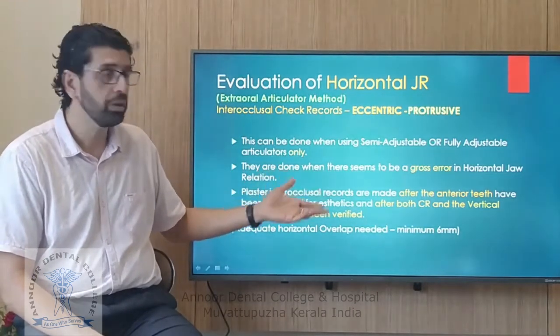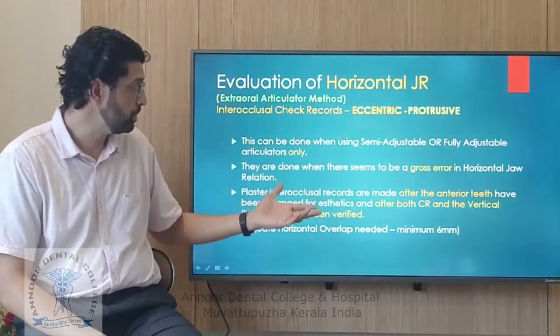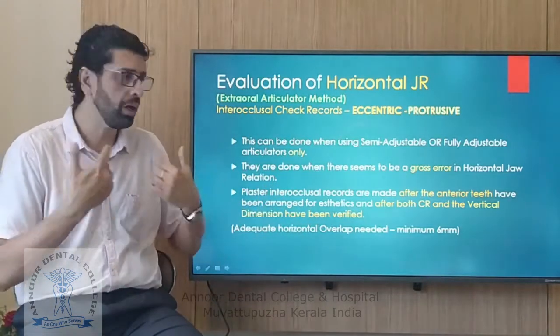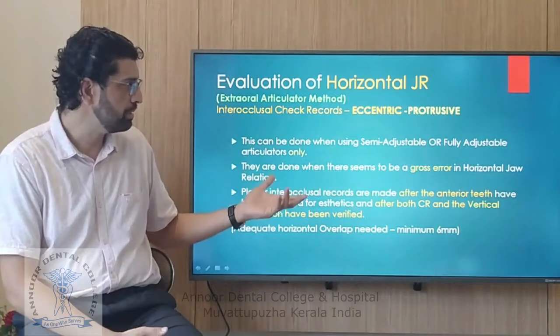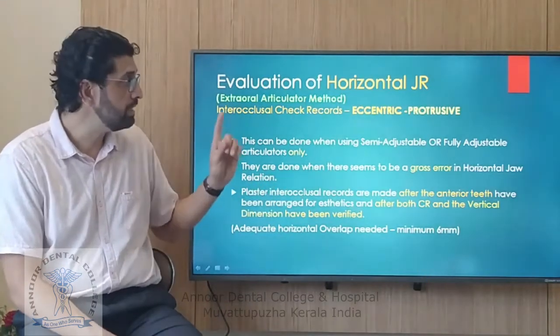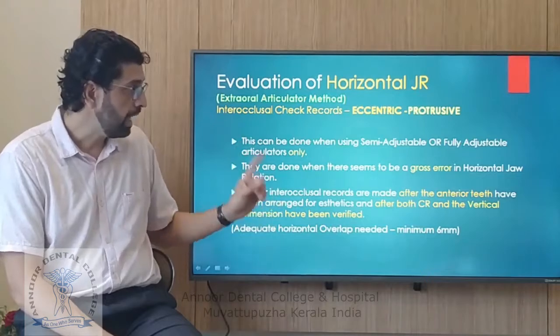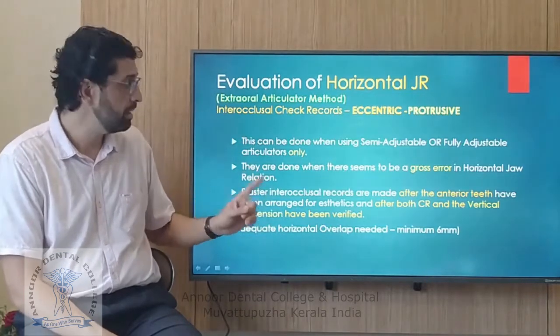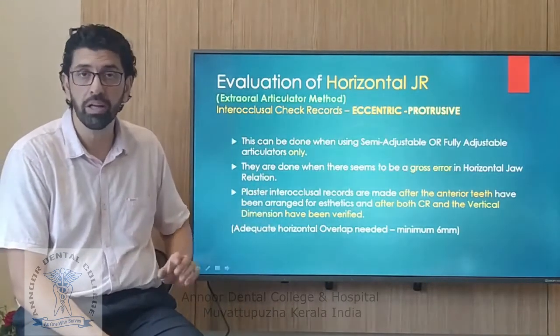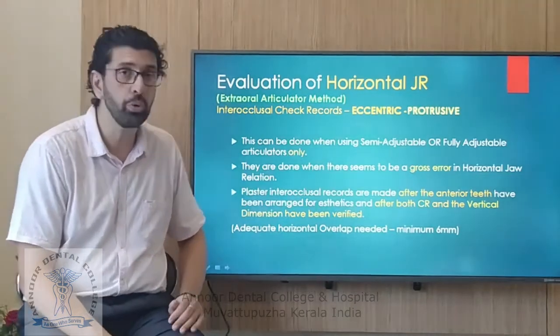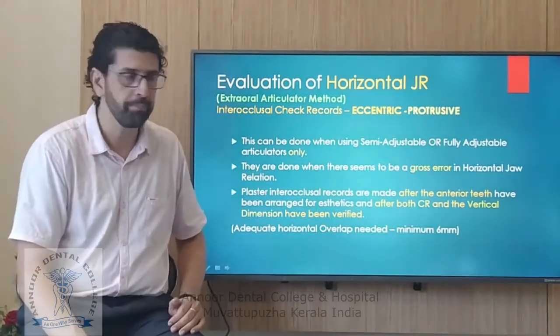But you can do it when you find that there's a gross error in the horizontal jaw relation, right? So you can use plaster intraocclusal records or any other material after the anterior teeth have been arranged for aesthetics, okay? And after both the centric relation and vertical dimension have been verified. Once these are verified, you still want to go ahead and check the protrusive record, you can do that, right?